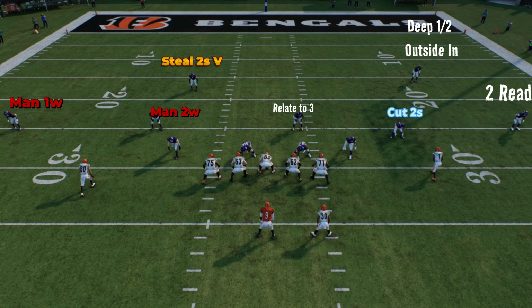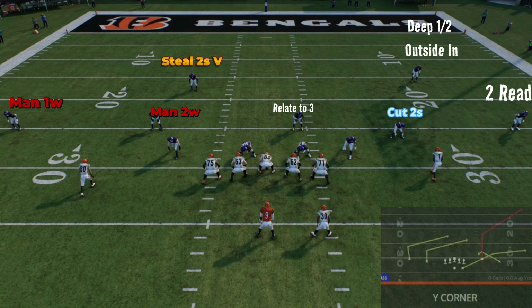Now, the reason why this is so good is because think about wide corner. With the position of the safety here, this discourages the offense to want to run wide corner. Why is that? Because we are playing with outside leverage on this safety.